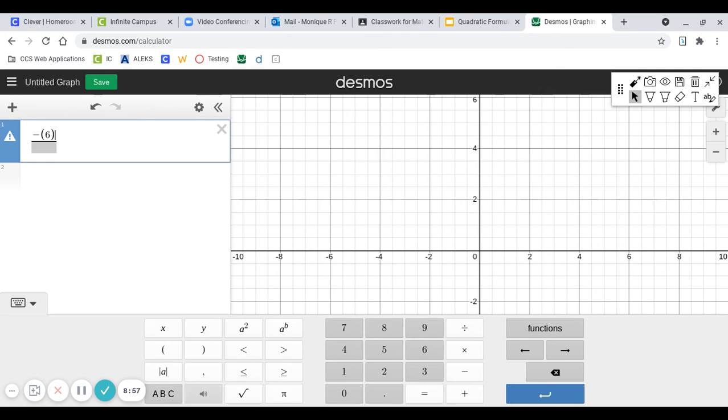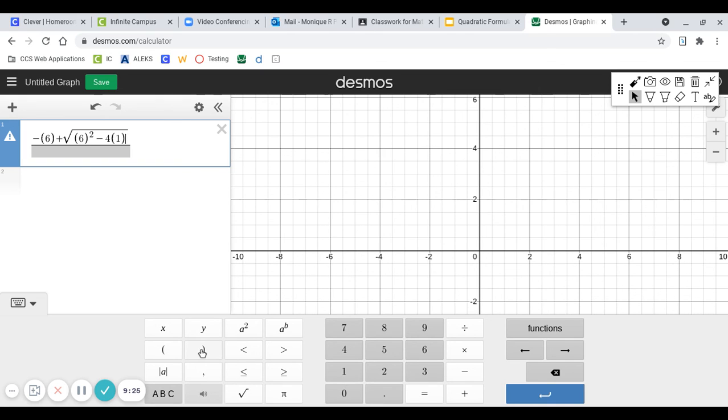Now the plus or minus sign means that you're going to do this twice. One time you're going to do it with adding, and one time you're going to do it with subtracting. So let's start with adding, and then we need a square root button, and we're going to use our parentheses to put in 6 squared minus, remember we want all of this under the square root.